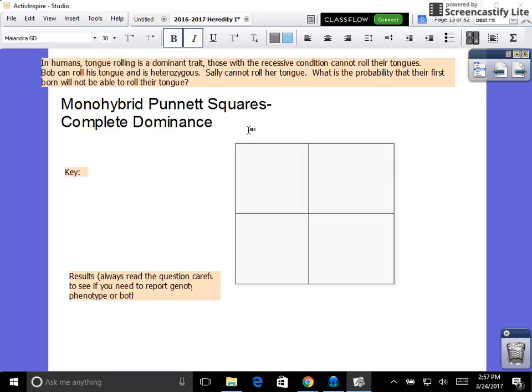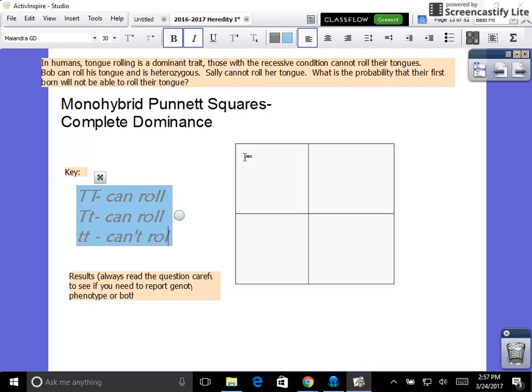There is a practice problem for monohybrid, showing a cross, about tongue rolling. And it's always helpful if you make a key and you say, tongue rolling is dominant. So it would be like can roll. If you have a big T and a little t, you can roll. And then a little t and a little t can't roll tongue. So when you're identifying, okay, who's Bob, and Bob can roll his tongue and is heterozygous, you may need to flip back and use your vocab.